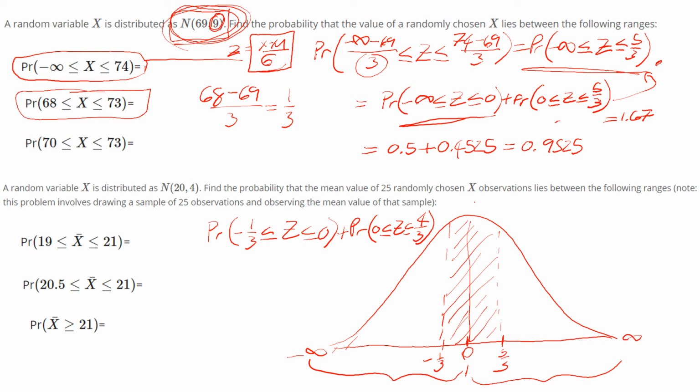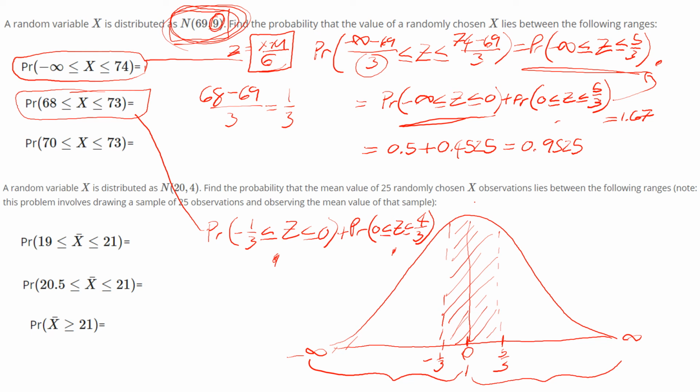Okay, so this relates to this problem over here. And these values can now be looked up in the Z table. For the first one, you'll look up the probability that Z lies between 0 and 1/3. And over here, you look up the probability that Z lies between 0 and 4/3. And you'll sum those two values together.